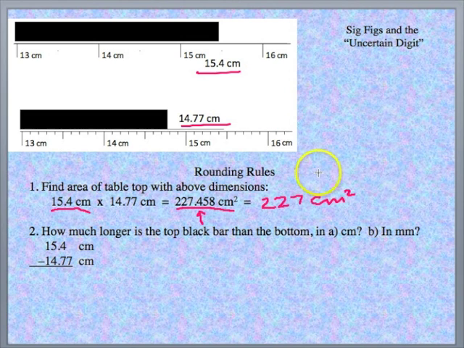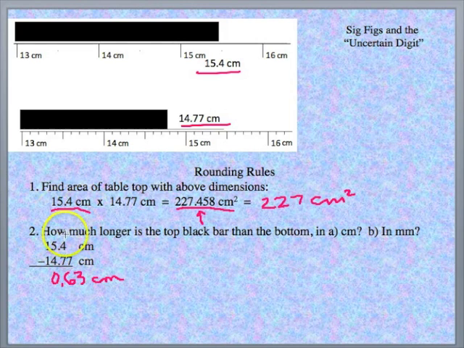Now when we add or subtract is a different rule. In the second case, the question is how much longer is the top black bar than the bottom, in centimeters and then in millimeters. And of course we're going to subtract them, aren't we? We get 0.63 centimeters.